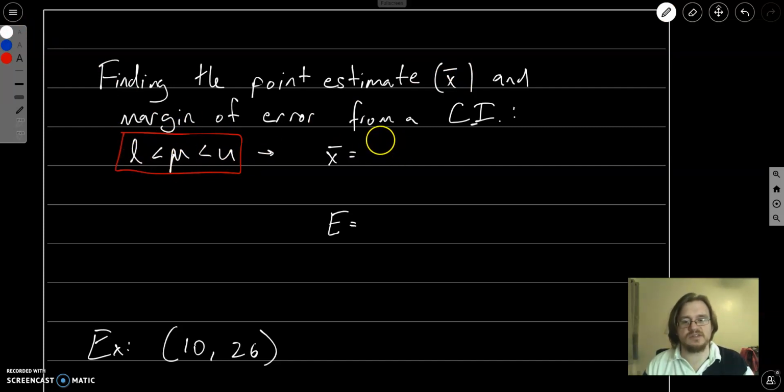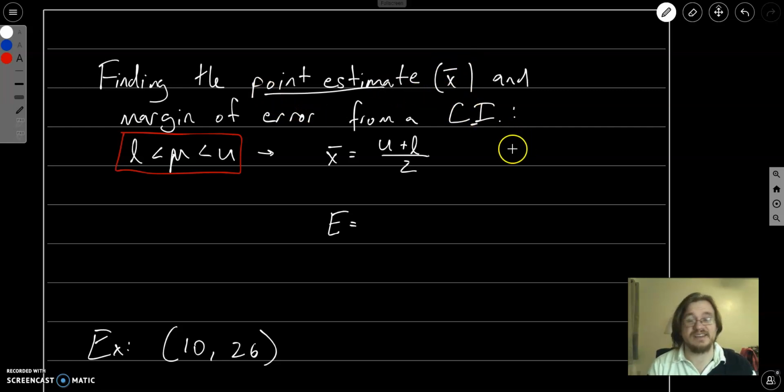So we'll just take the upper limit plus the lower limit, and we'll divide by 2 to find the midpoint, exactly halfway in between. And one of the uses for the sample mean is it's a nice estimate for the population mean. It's an unbiased estimator.